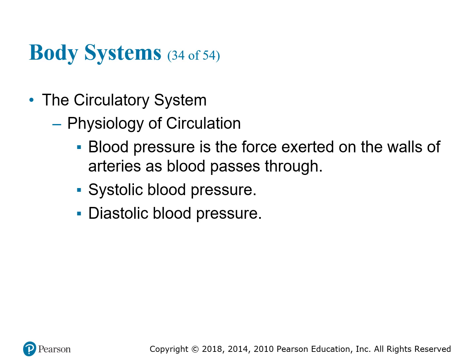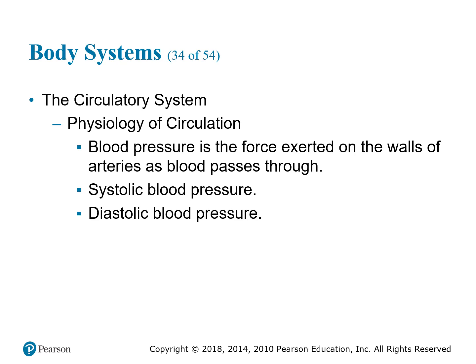Now, blood pressure is a force exerted on the walls of the artery as blood passes through it. Now, your systolic blood pressure represents the pressure in the arteries when the heart contracts. Your diastolic pressure represents the pressure in the arteries when the ventricle is at rest.